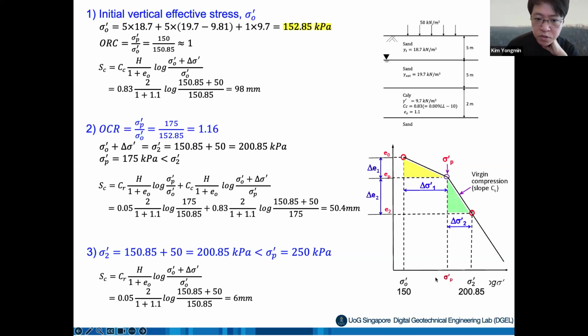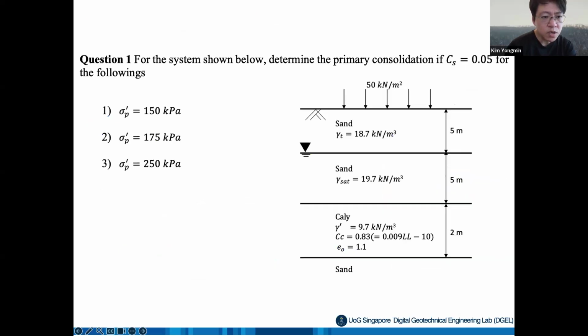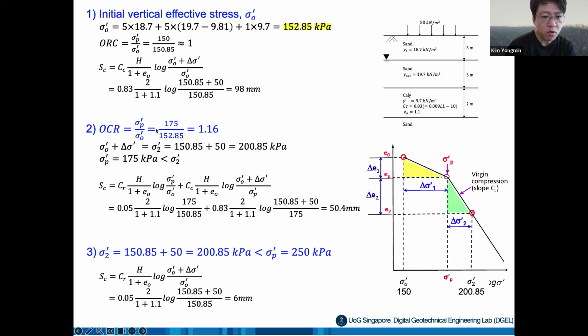Now, the pre-consolidation pressure equals your initial effective stress. Second one, your pre-consolidation pressure is 175. 175 over the current effective stress is 1.16. OCR is greater than 1, overconsolidated clay.